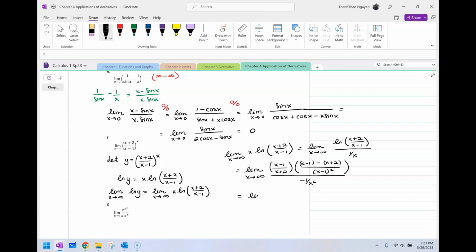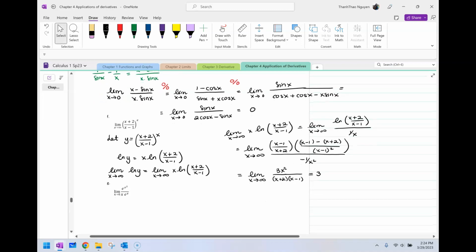This simplifies to the limit as x approaches infinity of 3 over x plus 2 times x minus 1, times x squared. As x approaches infinity, this becomes 3.